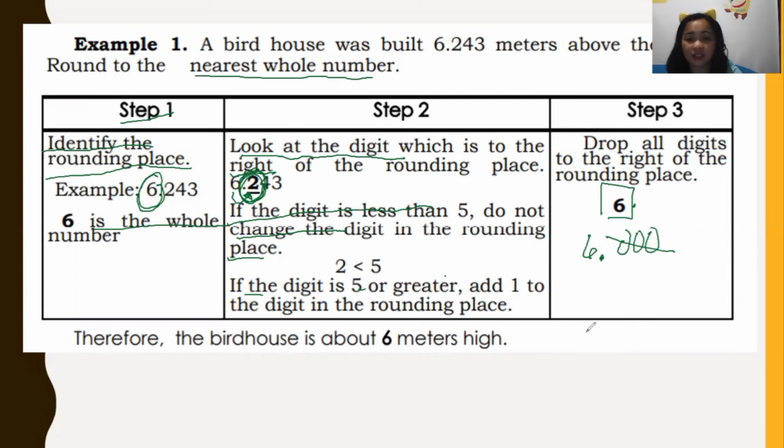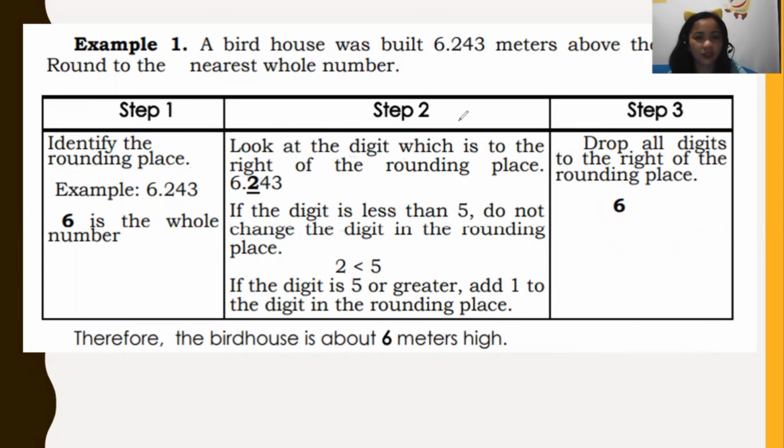Maliban na lang if the 0 is between two numbers. Halimbawa, 6.105 or 6 and 105 thousandths. Hindi mo pwedeng alisin yung 0 kasi significant digit. Alright. Now, therefore, the birdhouse is about 6 meters high above the ground.